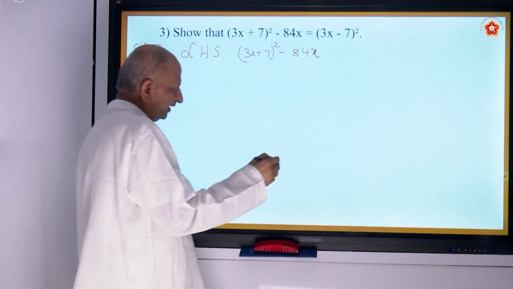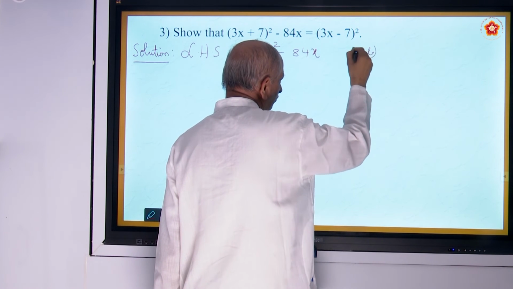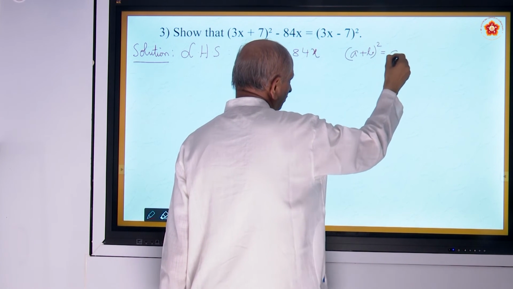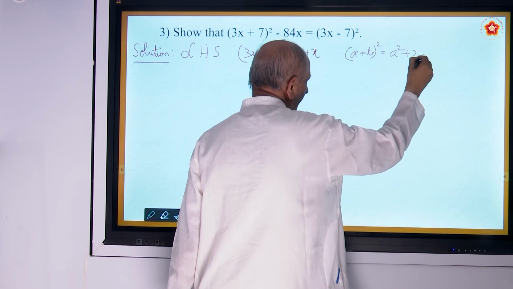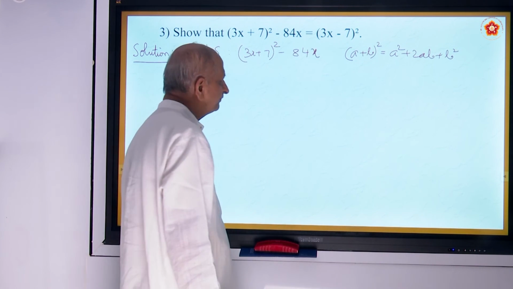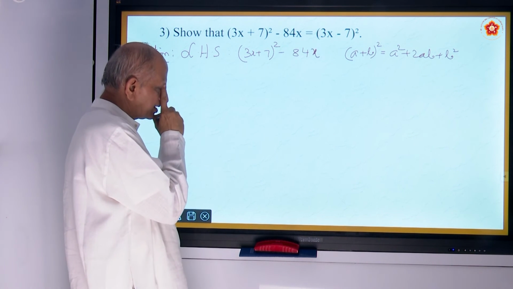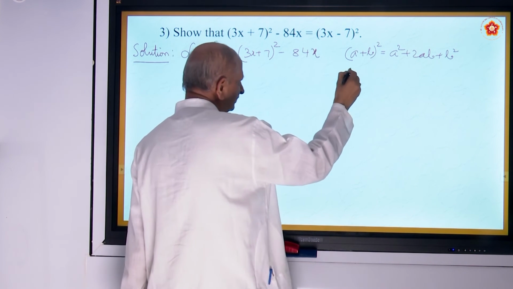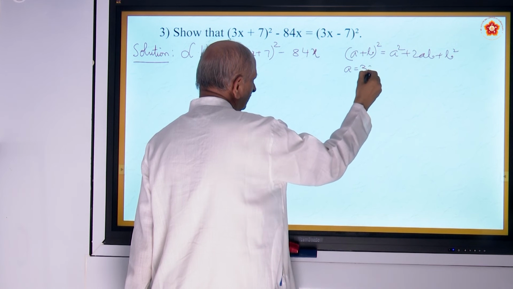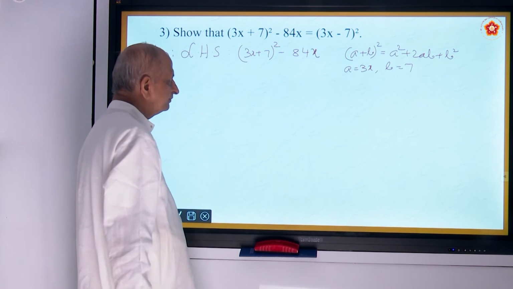What the first identity says? It says a plus b whole square is equal to a square plus 2ab plus b square. The first identity. In the given problem, what is a? A is 3x. What is b? B equal to 7.